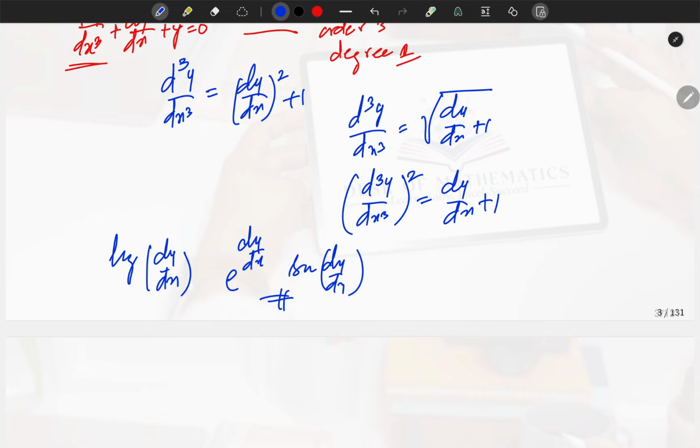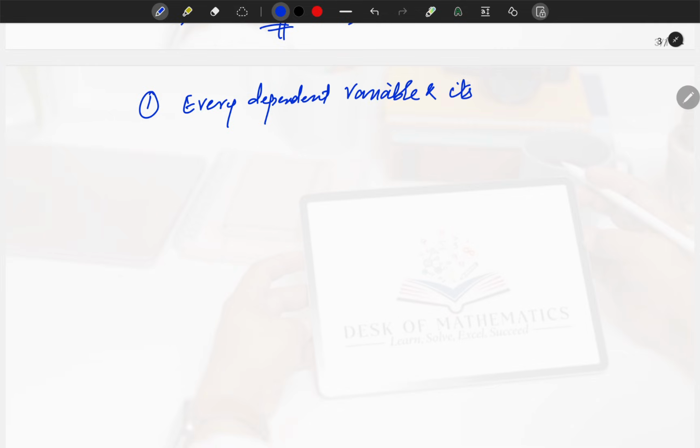So now, they may ask you what is a linear differential equation. So you have to say that a differential equation is linear. The first condition is that every dependent variable and its derivatives occur in first degree.